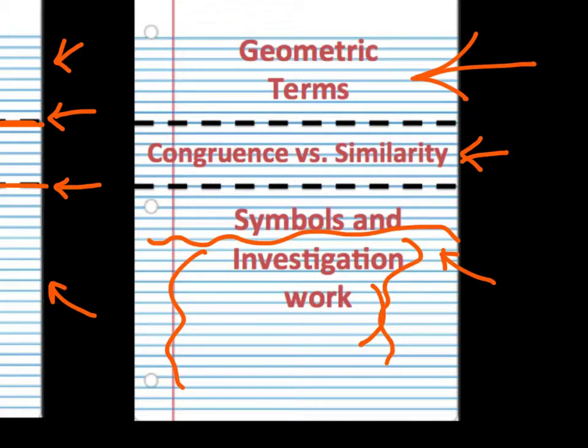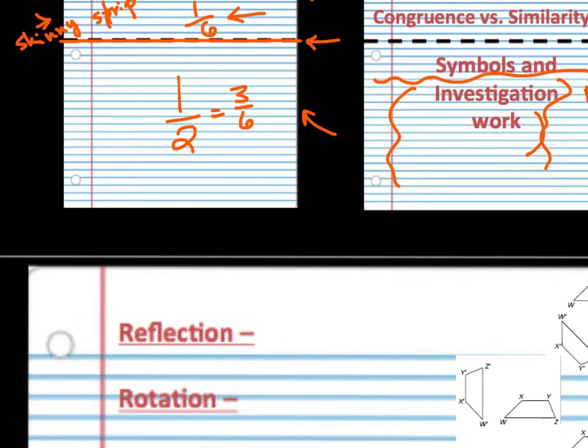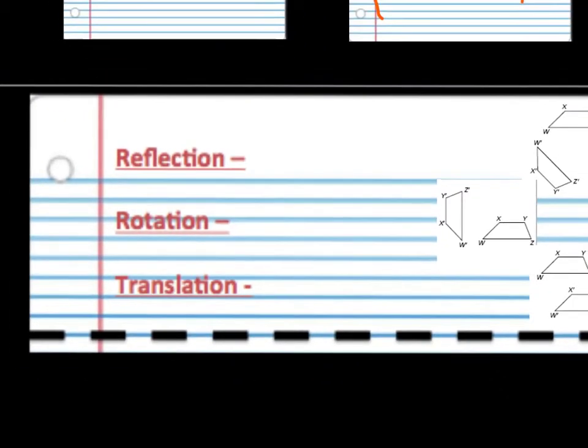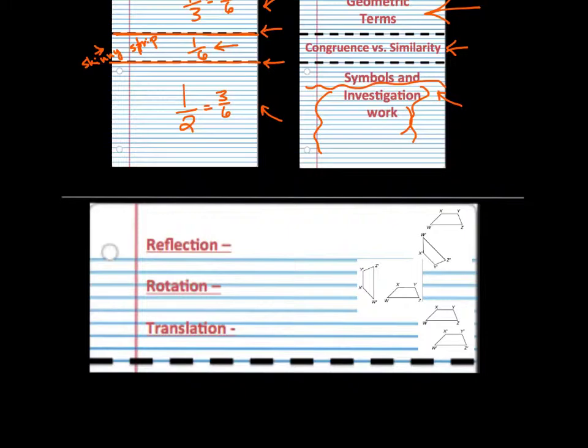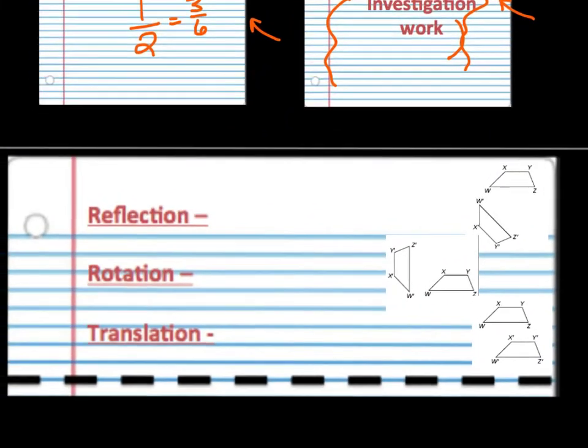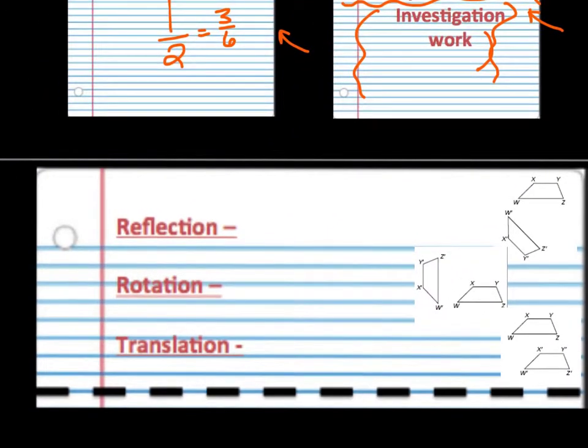So you'll be able to do all the rest for the investigation, which will be kind of nice. So let's get started. First idea, the geometric terms. We're starting with the very top one, geometric terms, the top third. We have simply reflection, rotation, and translation. And we're going to put sort of layman's terms.